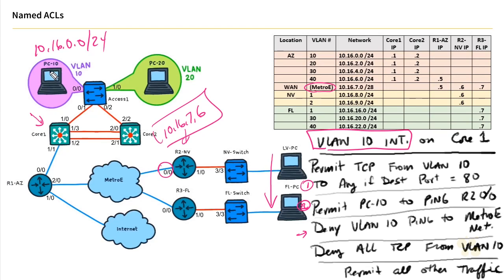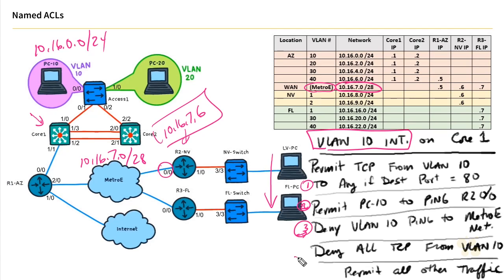So if we're going to permit PC10 to ping this interface, that permit statement needs to go before we start denying everybody on this VLAN 10 from being able to ping anywhere on this Metro Ethernet space, which is 10.16.7.0 with a 28-bit mask. And that's right here. So that's entry number 3.